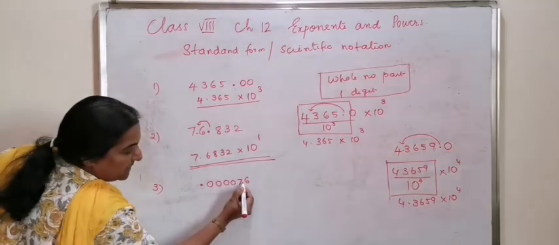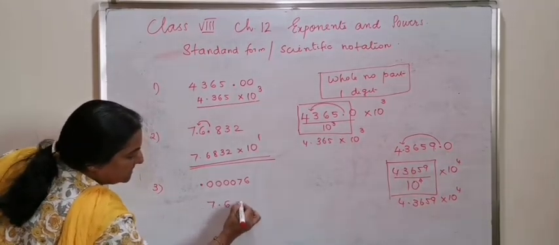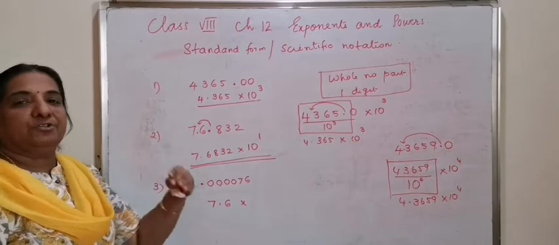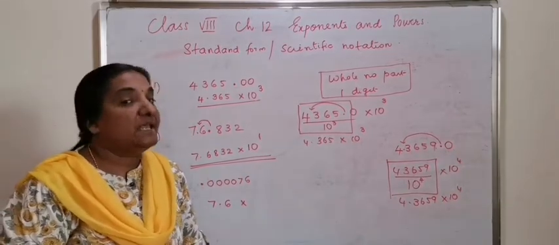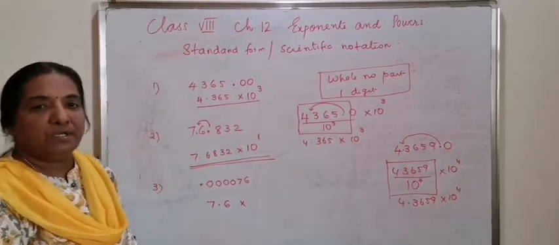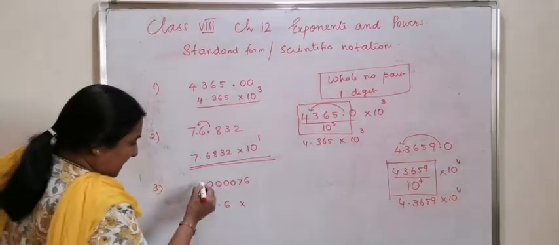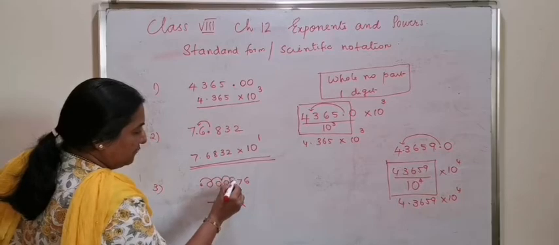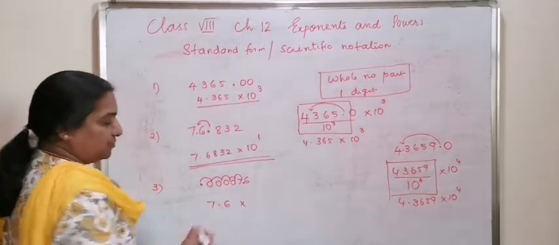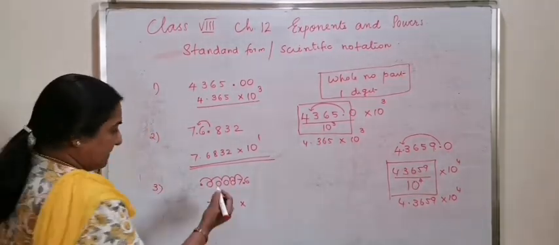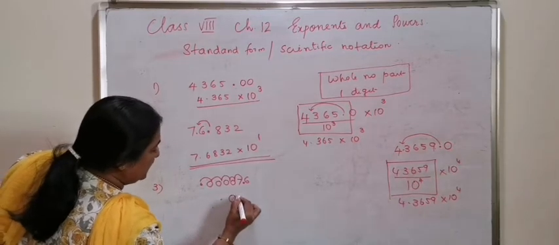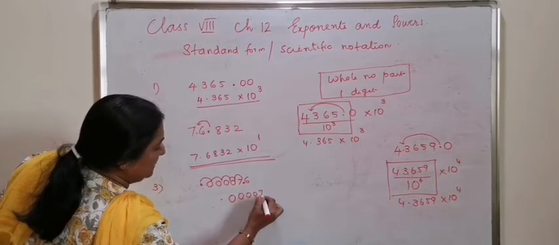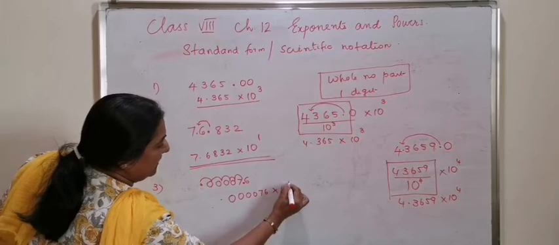Here it should be 7.6 into 10 to the power of whatever be the exponent. How to convert it? 1, 2, 3, 4, 5 places you are moving to the right. That is, you will be 0.00076 into 10 to the power of 5.